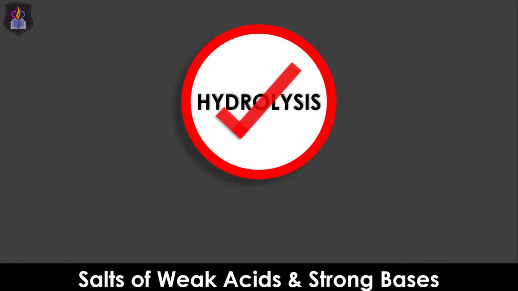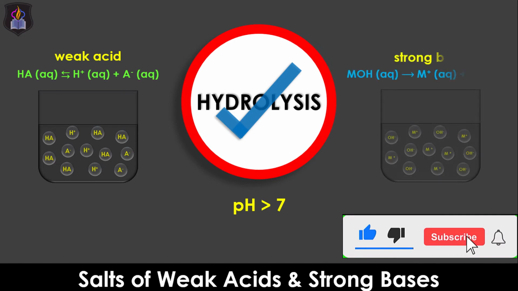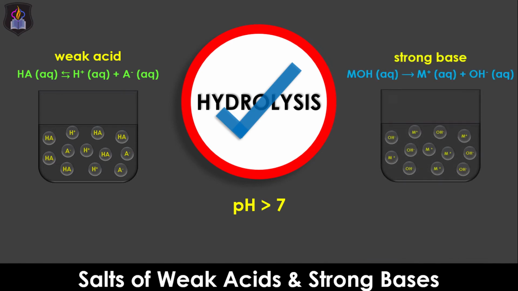Salts of weak acids and strong bases undergo hydrolysis in a manner that is completely opposite to the last category we just discussed. They undergo hydrolysis in water to form alkaline solutions with pH greater than 7 and turn red litmus paper blue. They react with water to form their corresponding weak acids, which do not ionize completely in solution, and strong bases, which ionize completely in solution.